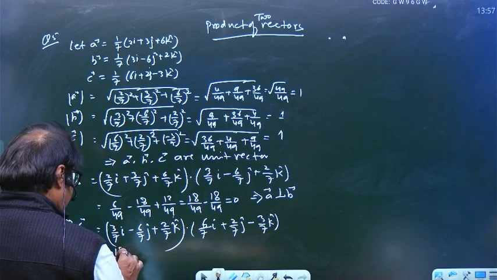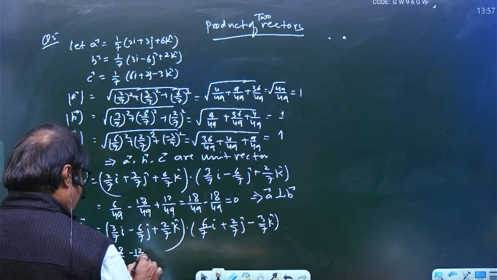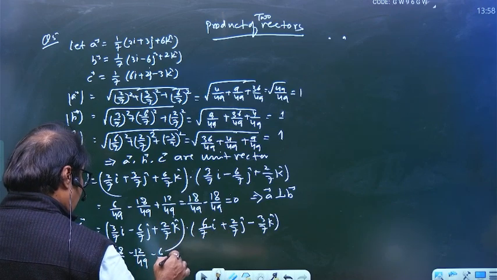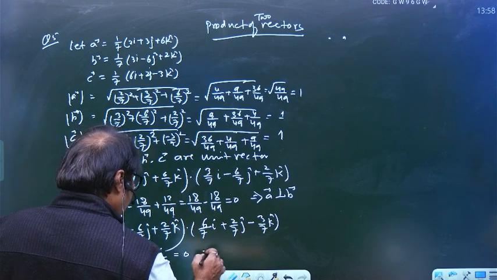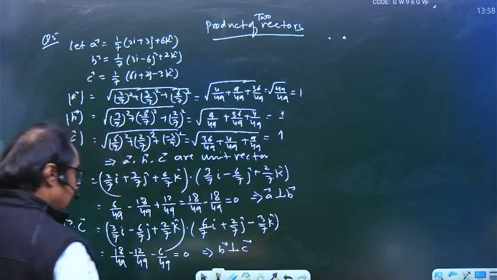So this is 18 by 49 minus 12 by 49 and then minus 6 by 49. Okay, so 18 minus 12 is 6, minus 6, so again it will be 0. So this implies that vector B is perpendicular to vector C.